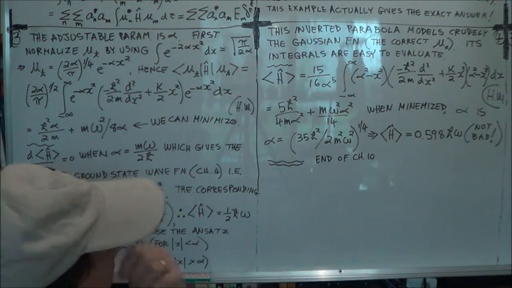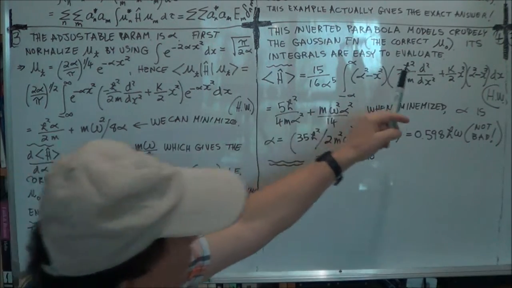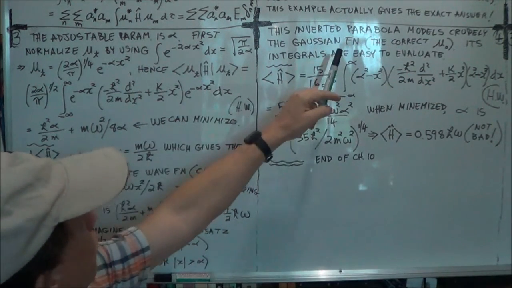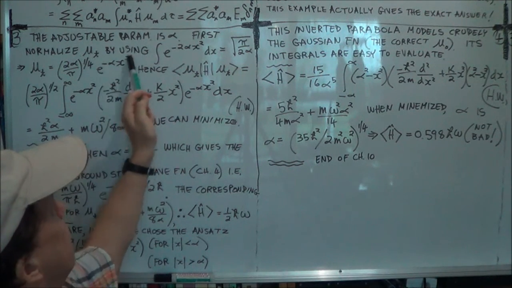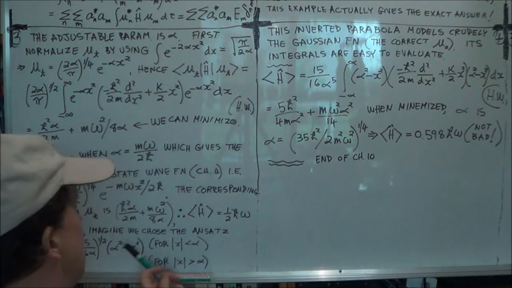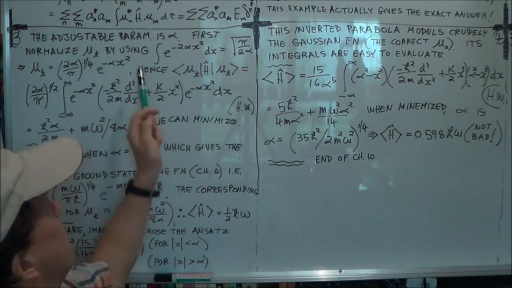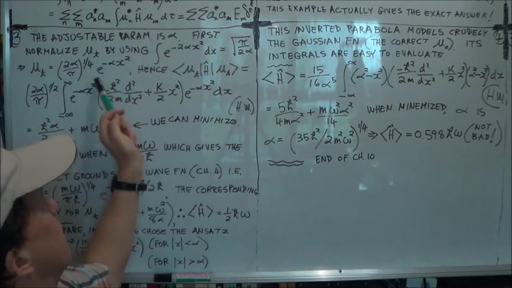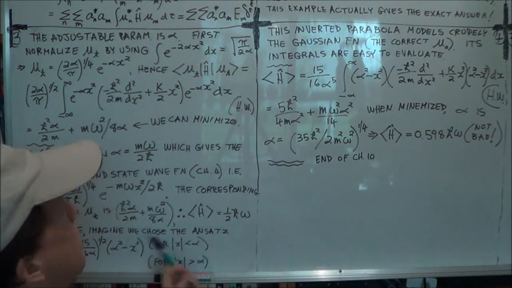All right. Okay. So this inverted parabola is a sort of crude model of the Gaussian function. And the Gaussian function we had before was e to the minus alpha x squared, right? Now, this alpha squared minus x squared is close to this. If you expand this out a bit, you'll actually get something like this.